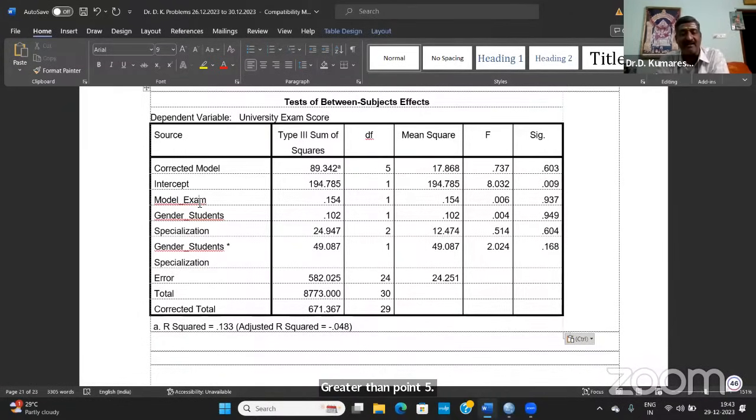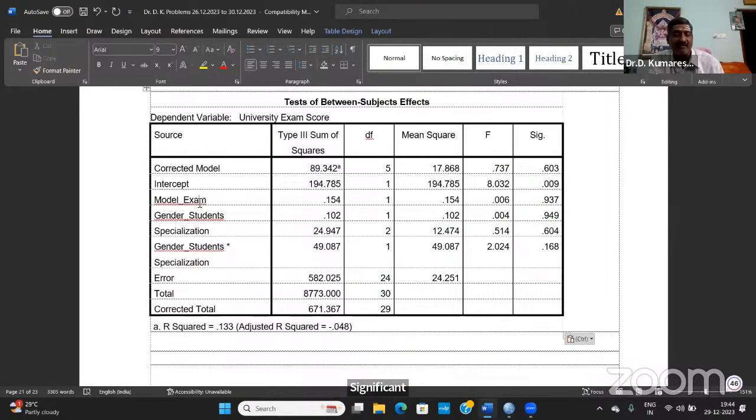Then only we can get the results that either the covariate variable influences the dependent variable significantly, or the independent variables influence the dependent variable significantly, or the interaction of independent variables influences the dependent variable significantly.